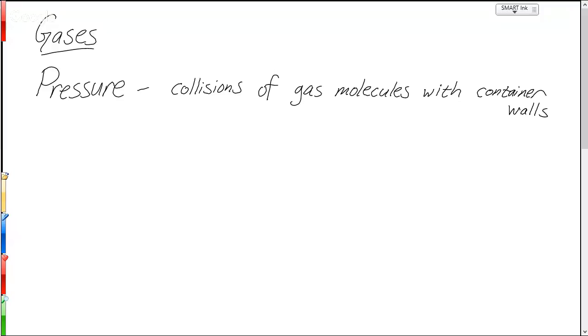And we'll get into that more at the end of the chapter when we talk about the kinetic molecular theory. But the gas molecules are hitting the walls of the container, and that's creating a force applied to the area of the container, so pushing against the area.